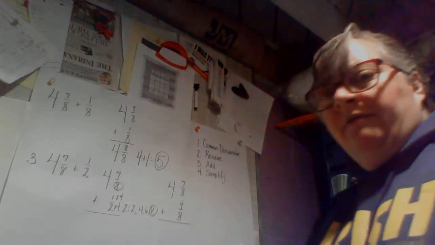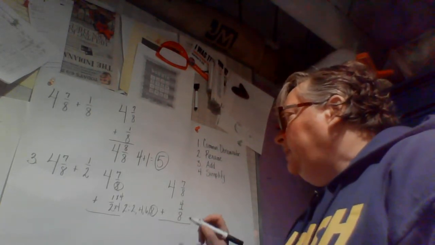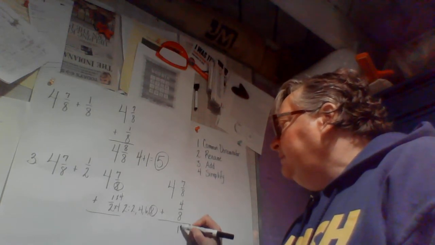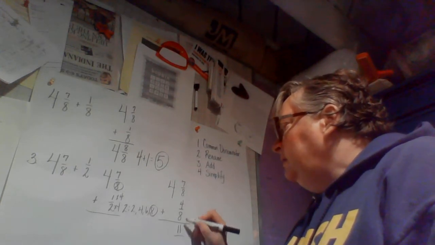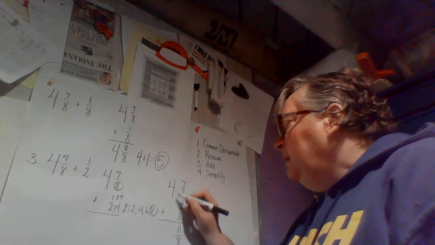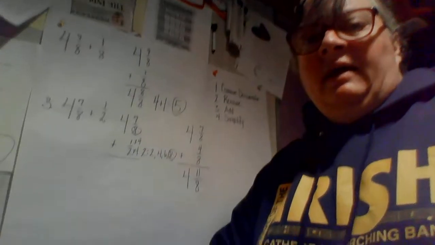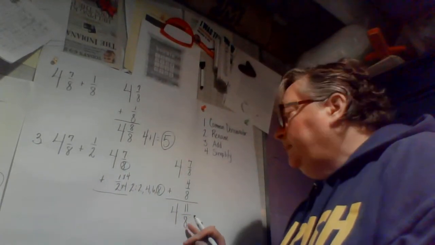So I have 4 and 7/8 plus 4/8. 7 plus 4 is 11. And our denominators stay the same. And 4. Now we have a mixed number that's an improper fraction as well.